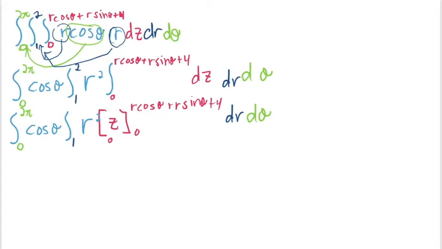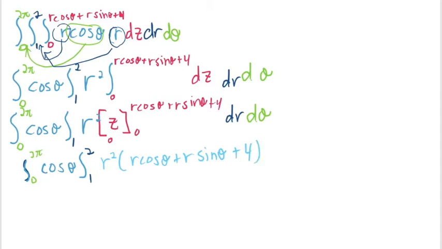So our new integral is going to look like the integral from 0 to 2 pi of cosine theta, of 1 to 2 of r squared times r cosine theta plus r sine theta plus 4. And that's going to be still dr d theta.